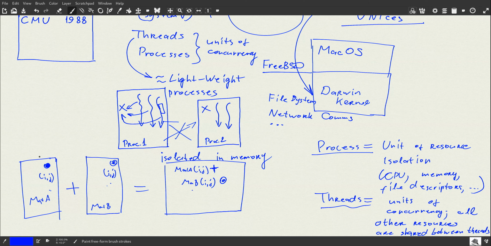So a parallel entity takes a particular subrange of indices from this matrix, a particular subrange of indices of that matrix, and produces the corresponding subrange of indices of the resulting matrix. So both units of concurrency need to see the first one, the second one, and the result, to have at least read access to the first and the second one, and at least write access to the resulting one.